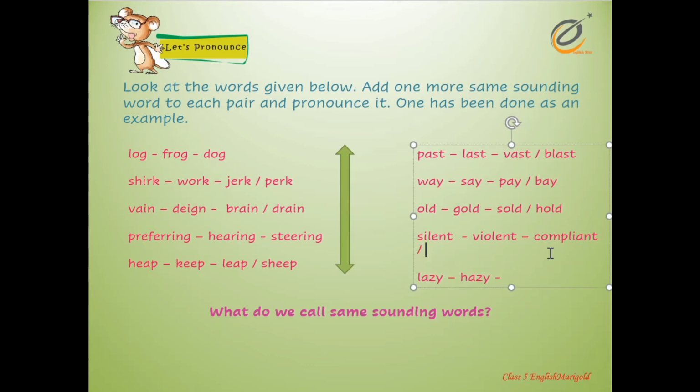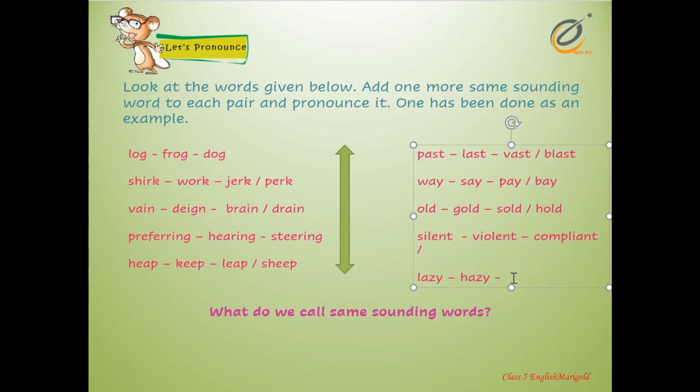Some words will be very new for you, but you can always refer to the dictionary and get the meaning, learn new words also. Right, student? So always check the dictionary to find out the meaning of the word and the words which are rhyming, same sounding words.